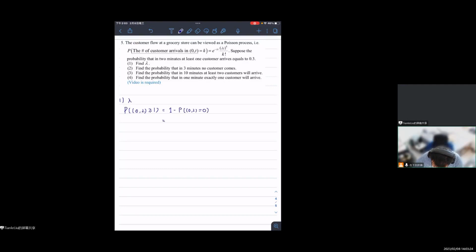So we can bring it back to the formula. We have 1 minus e to the power of negative lambda t, with k equal to 0, which equals 0.3. So do the calculation.